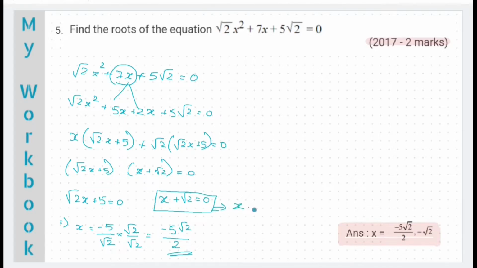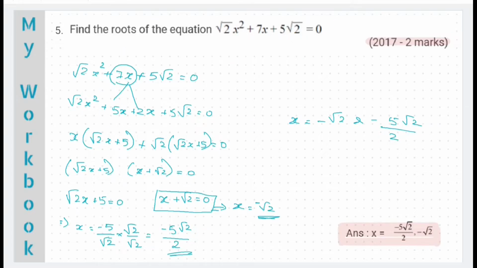This implies x is equal to minus root 2. So the two roots are x is equal to minus root 2 and minus 5 root 2 by 2. These are the two roots for this quadratic equation.